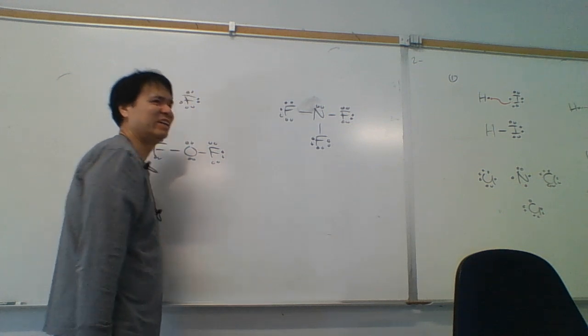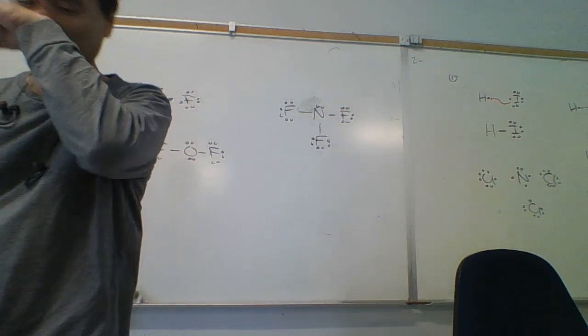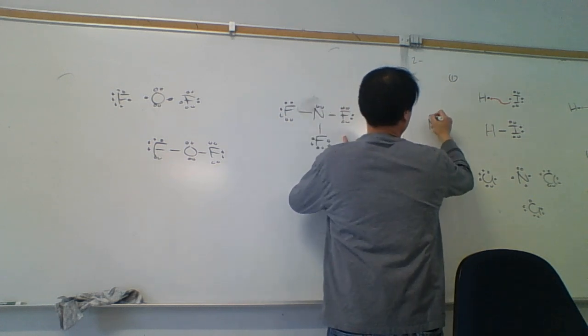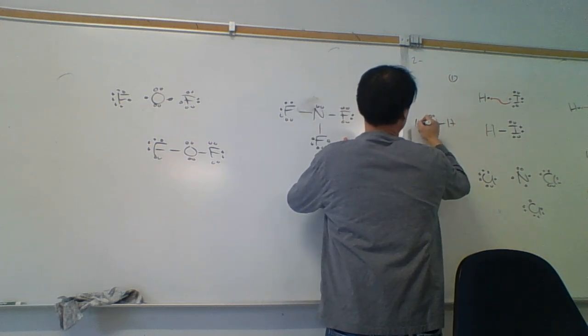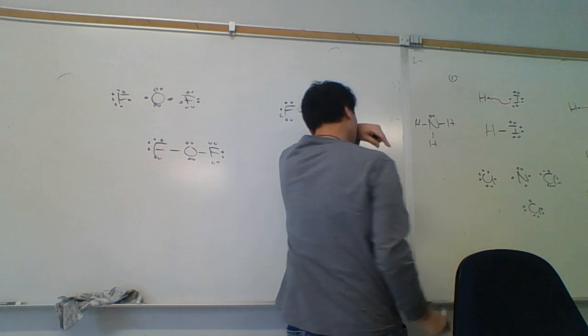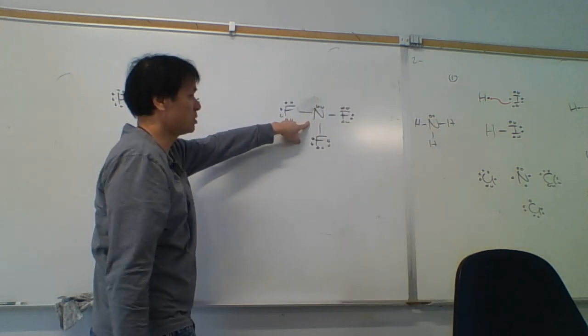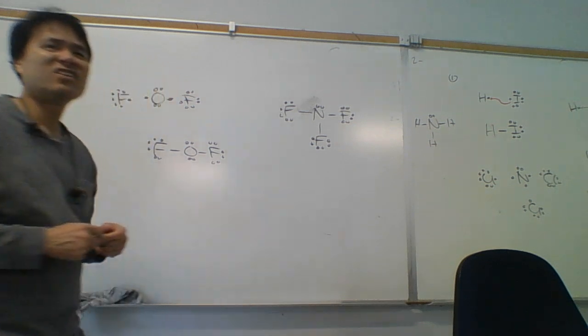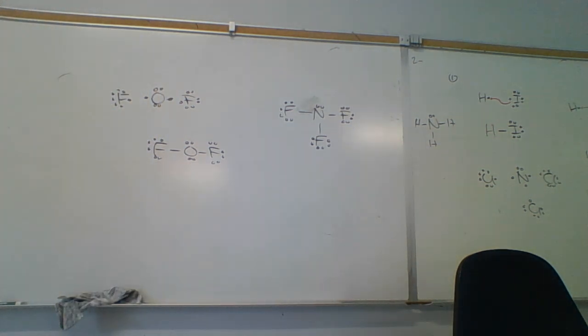But would you consider NF3 electron rich like ammonia? You know, if you look at ammonia, nitrogen has an octet, this nitrogen has an octet. And so ammonia and NF3 are kind of similar in that sense.